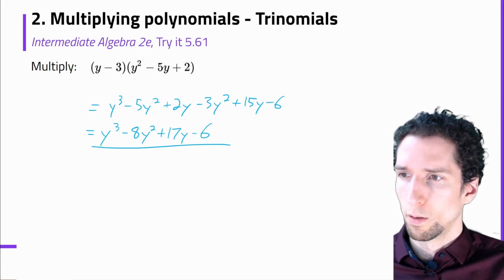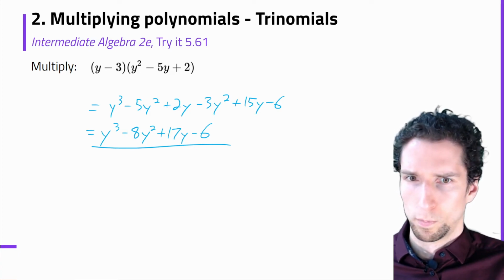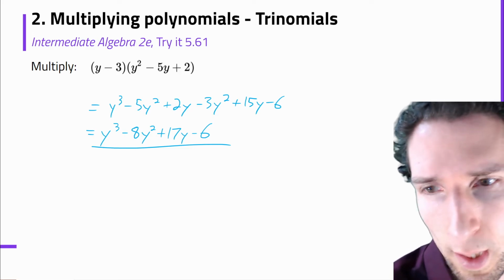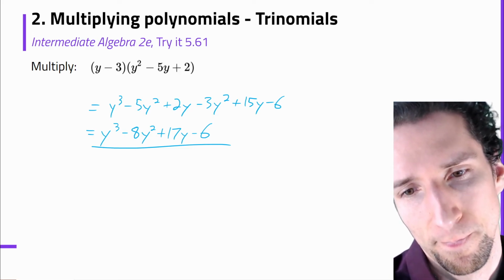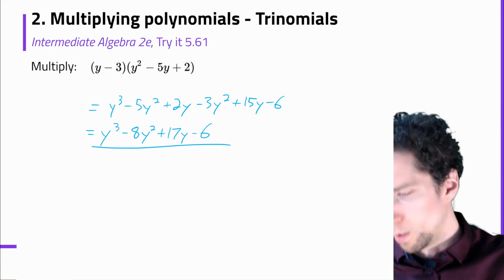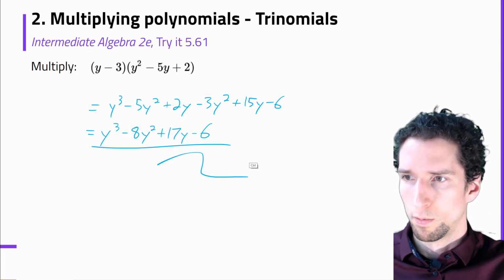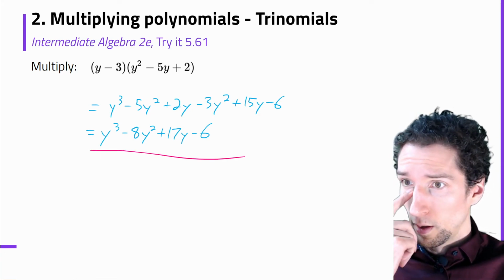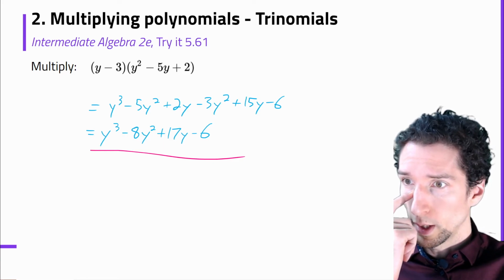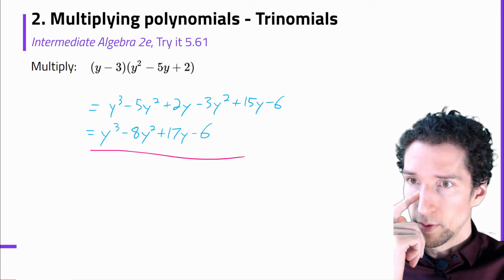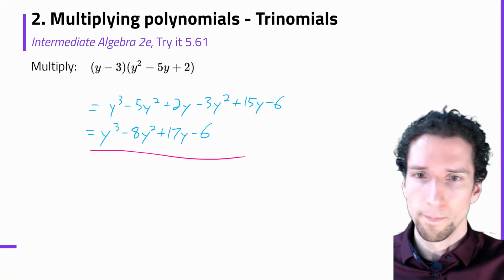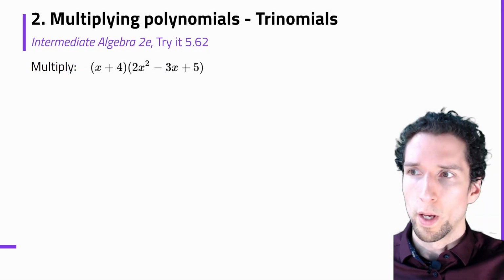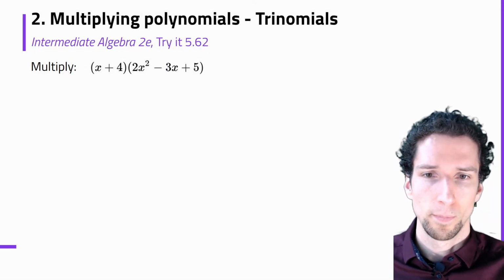Just double check. Keyboard decided to stop working. Okay, that's better. 5, 3, negative 8, 2 and 15, positive 17, negative 6. That looks right to me. Okay, so that was me. And your turn with this one. Go ahead.